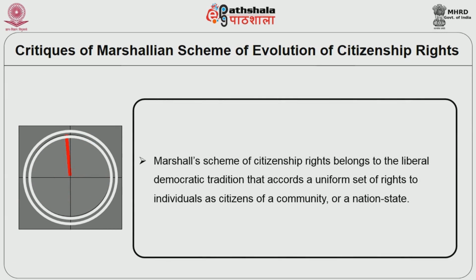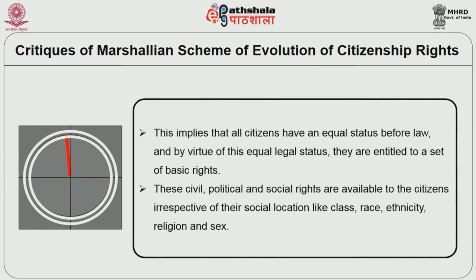Marshall's scheme of citizenship rights belongs to the liberal democratic tradition that accords a uniform set of rights to individuals as citizens of a community or a nation state. This implies that all citizens have an equal status before law, and by virtue of this equal legal status, they are entitled to a set of basic rights.